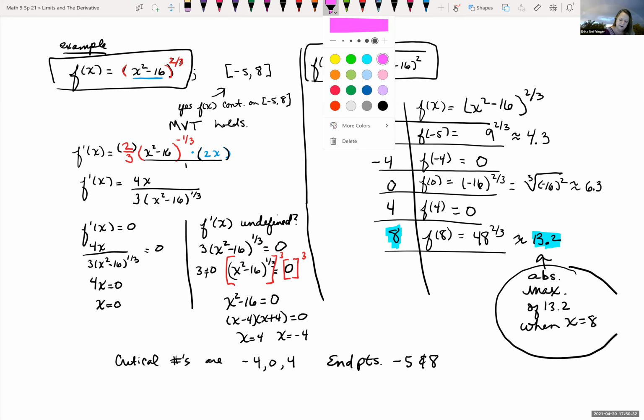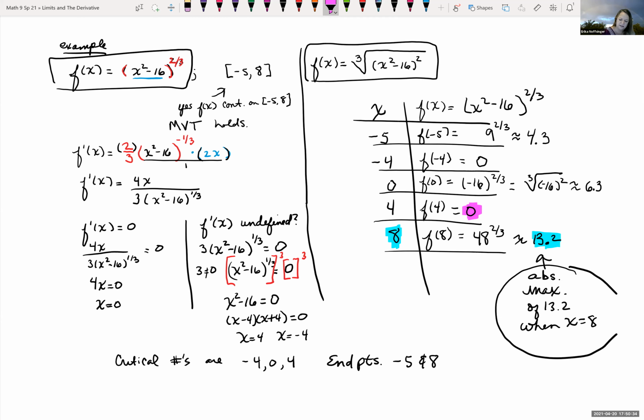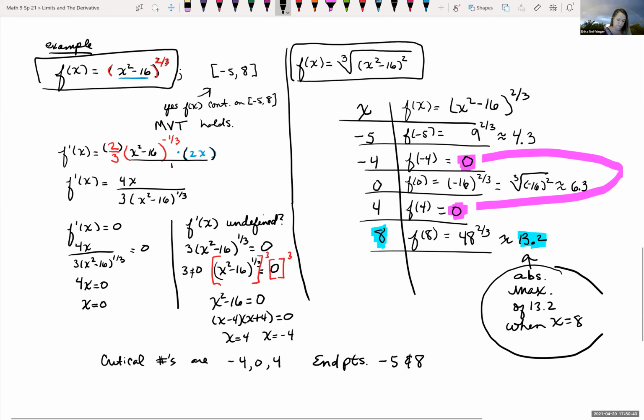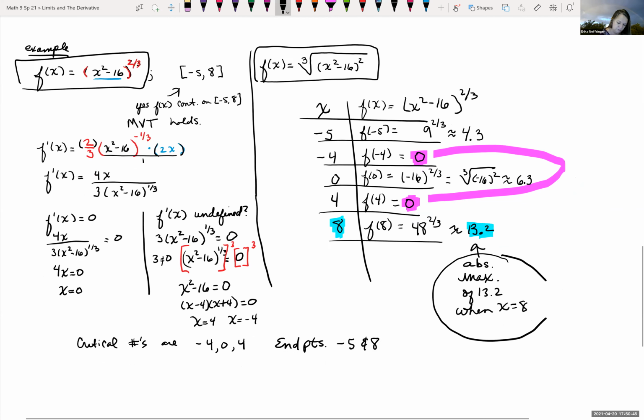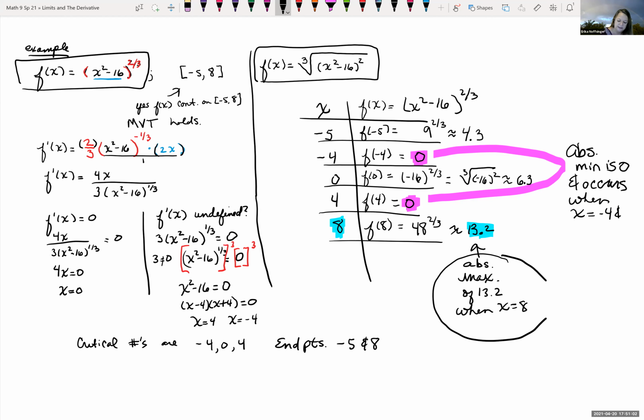So at 0, that's our absolute min, and it occurs in 2 different places, when x equals negative 4 and x equals 4.